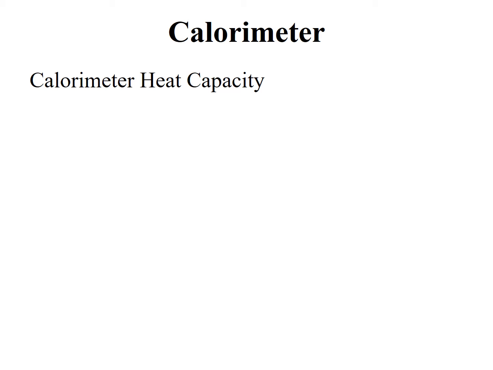So if we're going to sum it up, we could say the Q of the hot water just equals the Q of the cold water plus the Q of the calorimeter. So this is the heat released by the hot water, and that equals the heat that is gained by the cold water and the calorimeter.